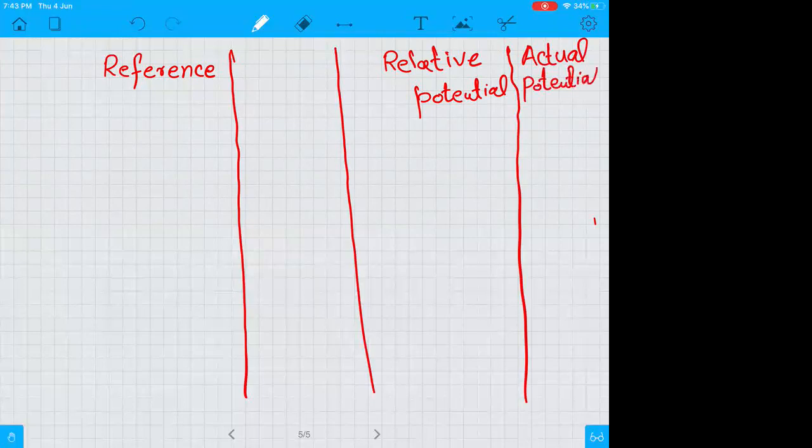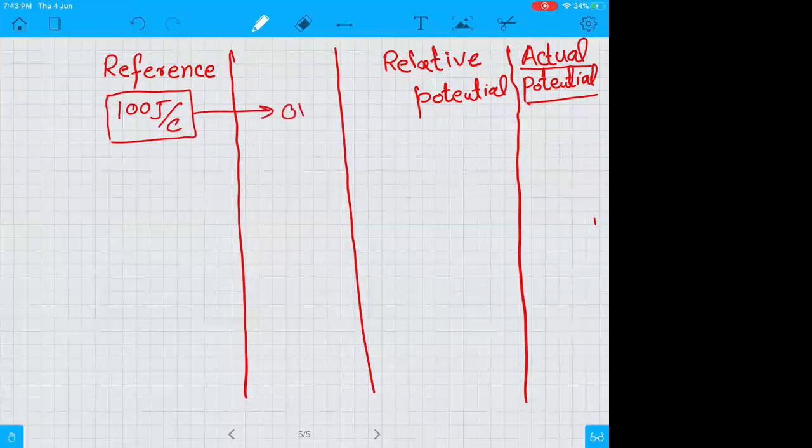Let's understand this concept, the concept of negative and positive volts. Just for example, if we take 100 joule per coulomb as a reference, if we take a charge that is at 100 joule per coulomb as 0 volt, then this 0 volt is basically this 100 volt.